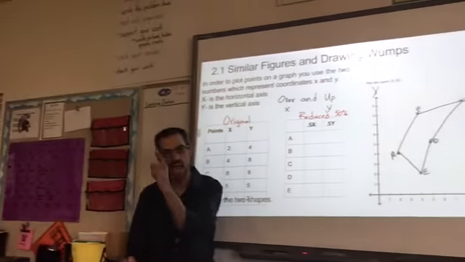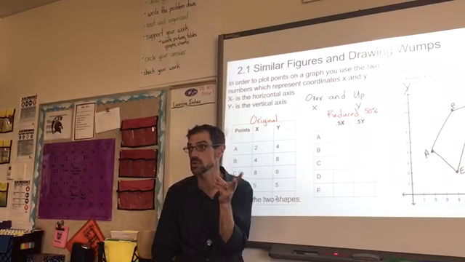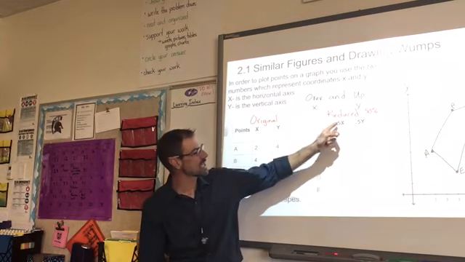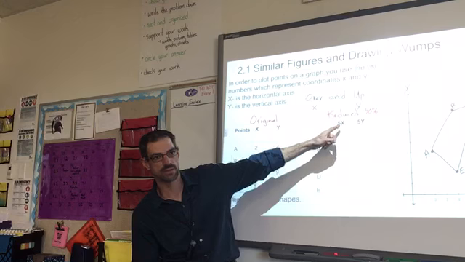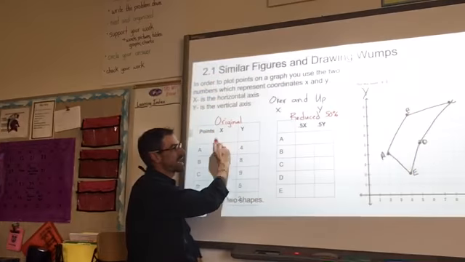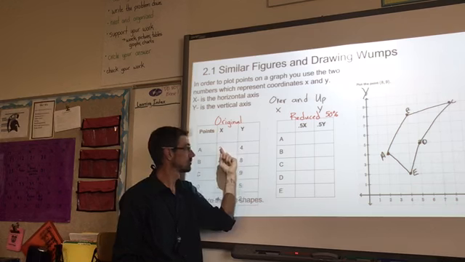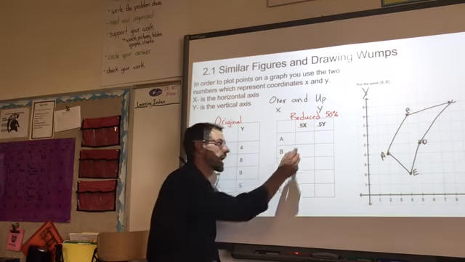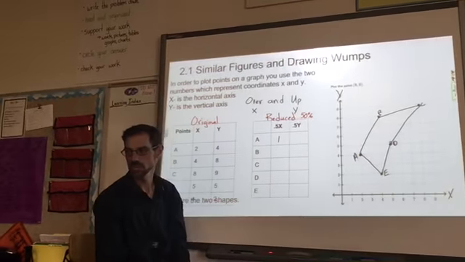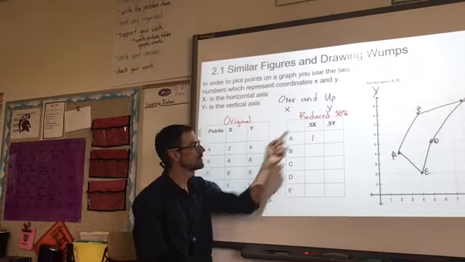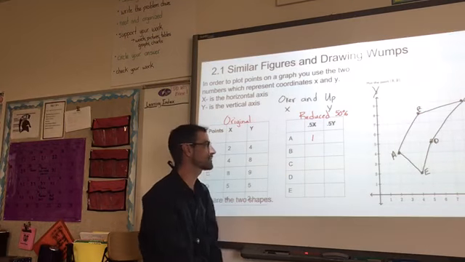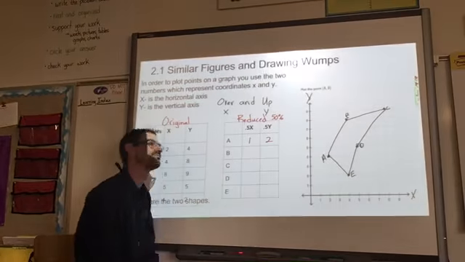And it's not just the x that is reduced by 50%, but the y is too. They both are. So here you can see my scale factor. Since these are x and y, I take my x, which is 2, I put it in, and I get 1. 2 times 0.5 is 1. 0.5 times 4 is 2.